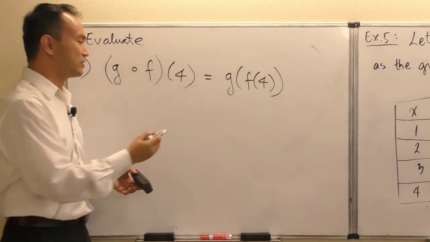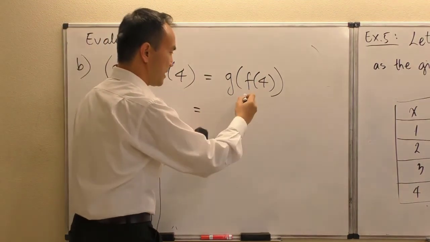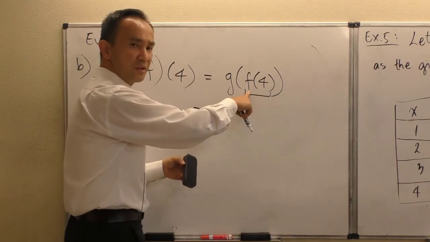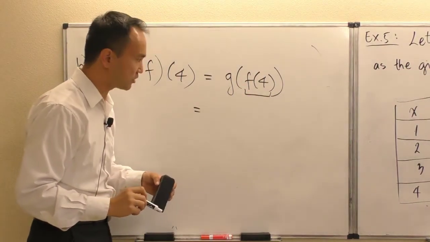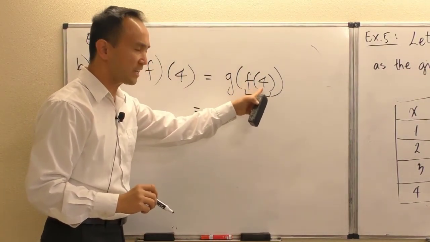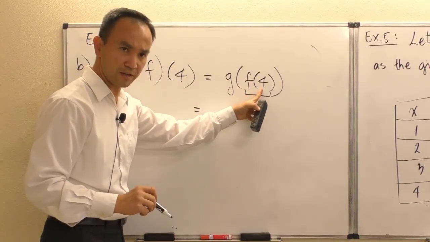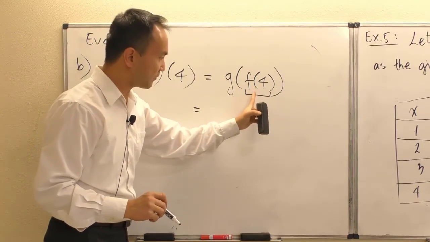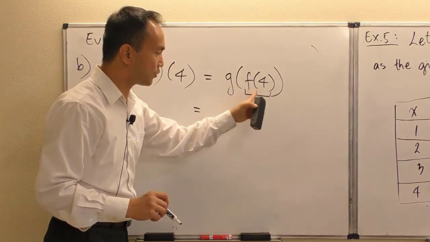Again we have to work from the inside out. The inner function is f, which takes input 4. So I'm going to use the table for f of x to determine the output for f of 4.